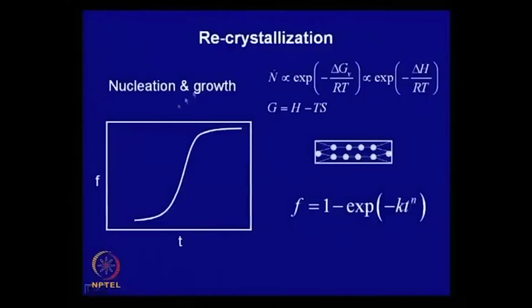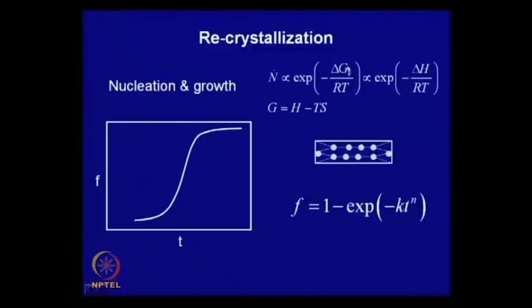If you look at this slide here, apart from this, we have considered what is called the thermodynamic instability, and once the stable nuclei develop, they will grow also. This process of growth is also important. And we know that the rate of nucleation will depend on the activation hill.